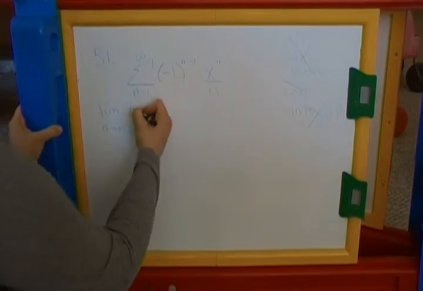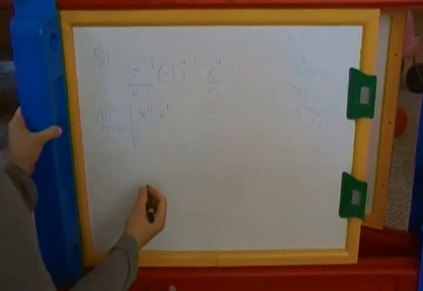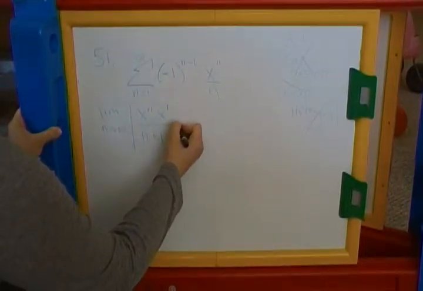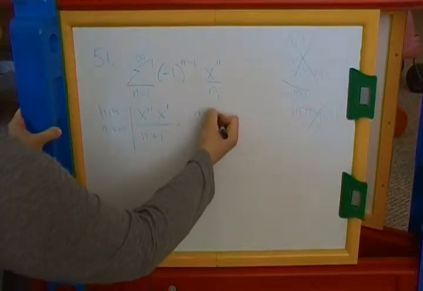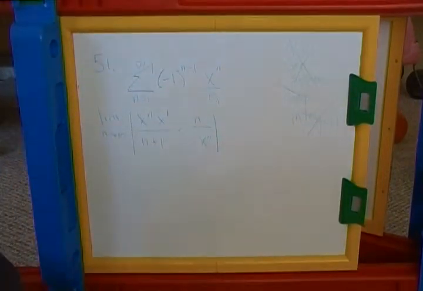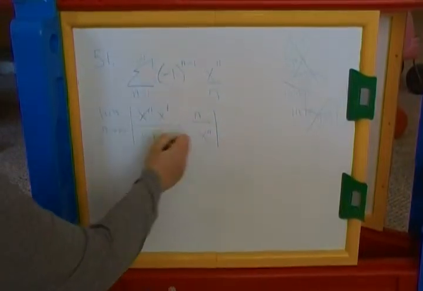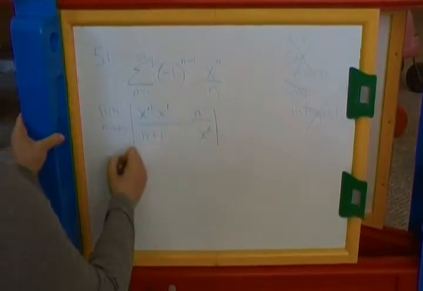So I'm going to just do x^(n+1), which will be x^n times x, times 1 over n+1, times flip and multiply, n over x^n. The x^n's cancel.